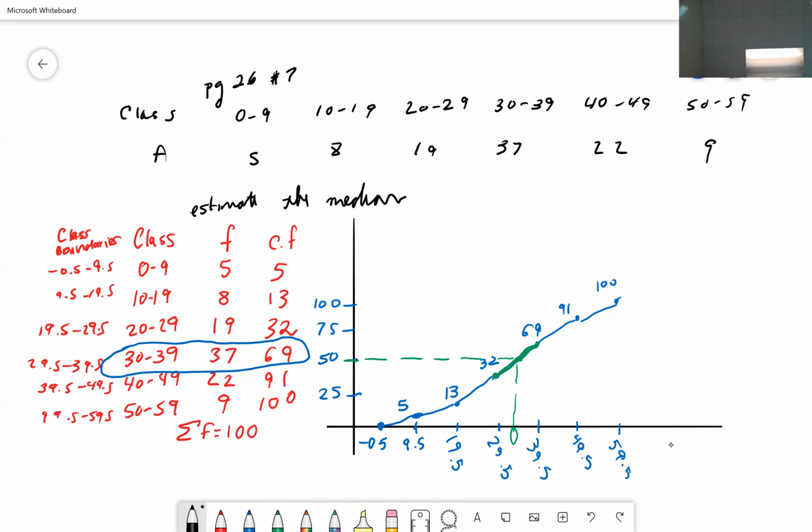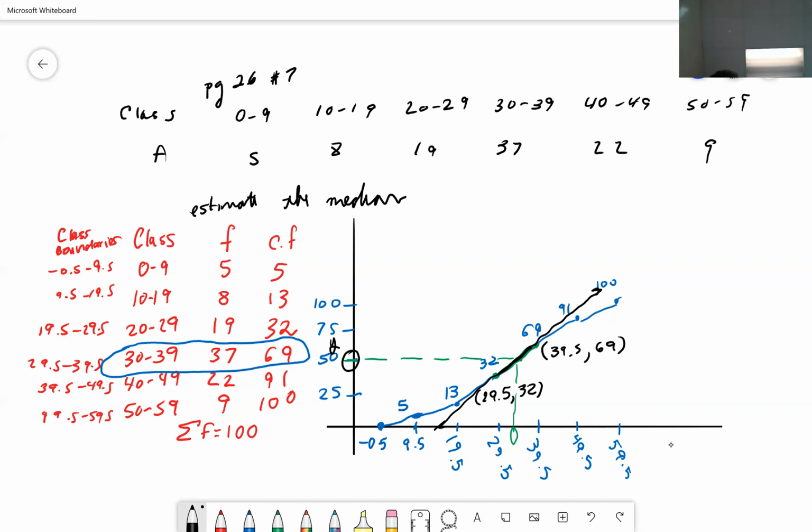So if you know that this point here is 29.5, comma 32, and you know that this point here is 39.5, comma 69, right? You can figure out this line that keeps on going like that. You can substitute the y value for 50 and find the x. And then you would have properly estimated your median.